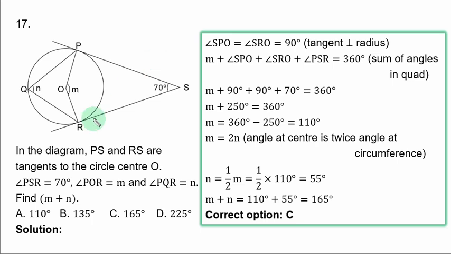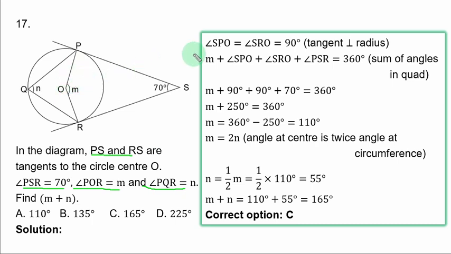Question 17. In the diagram, PS and RS are tangents to the circle center O. Angle PSR is 70 degrees. Angle POR is equal to M. Angle PQR is equal to N. Find M plus N. Now, anytime a tangent intersects with a radius, the angle formed is 90 degrees.